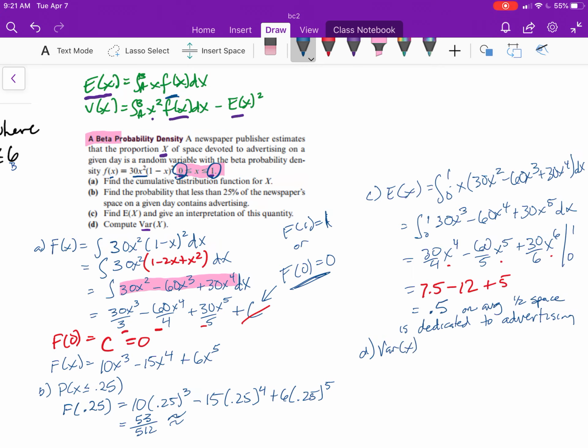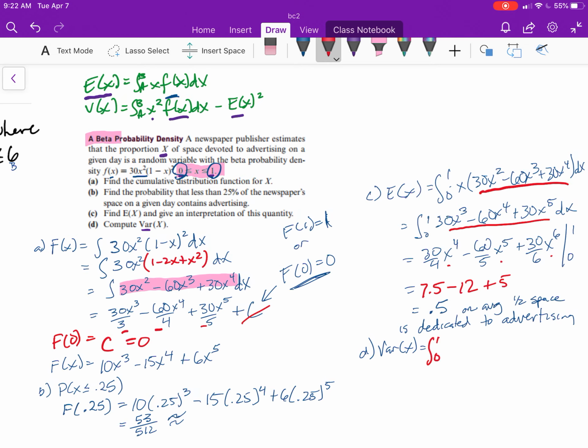D, compute the variance, so compute the spread. What's the range of this data that we have? So x squared, I think we could just do that part in our head, right? We're taking x squared and multiplying by this function here. So basically this E of x, we have an extra x.